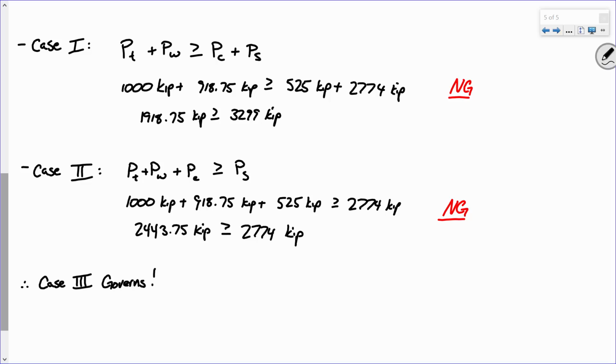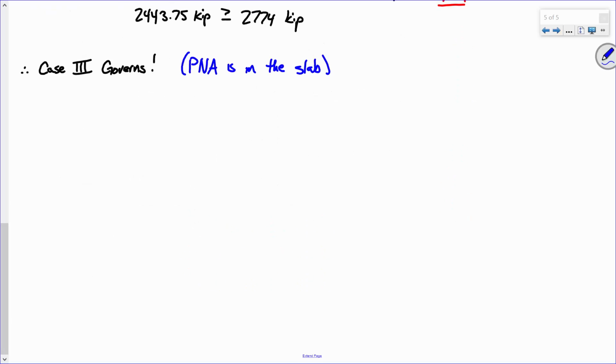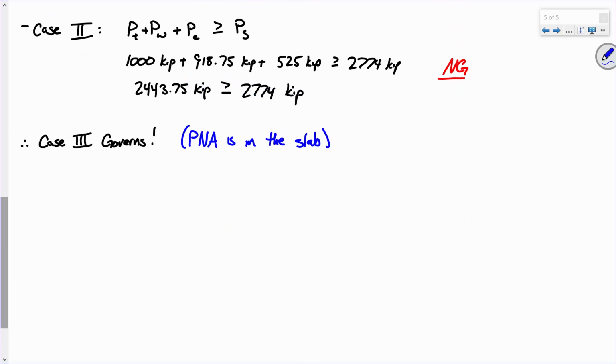And what that means is that tells us that the P&A is in the slab. All right? Sound good? Now, if the P&A is in the slab, the first thing that we can do is compute Y bar.